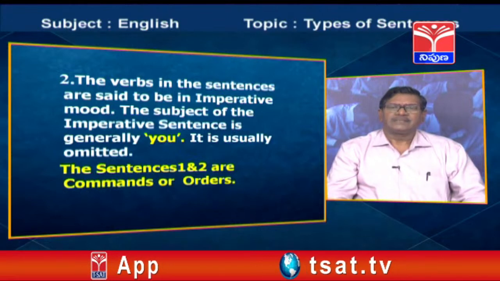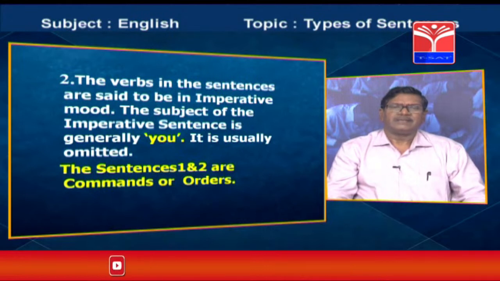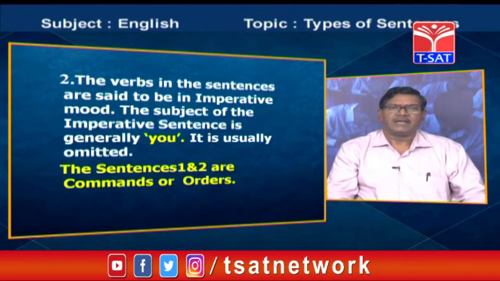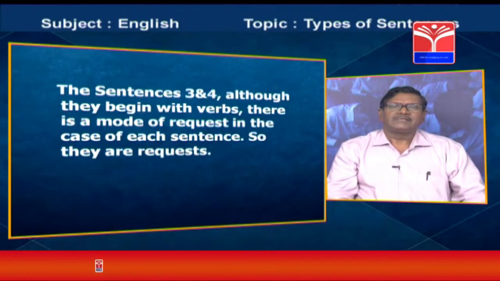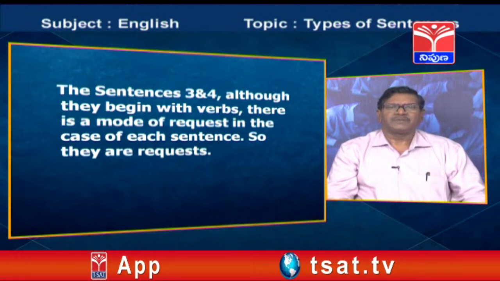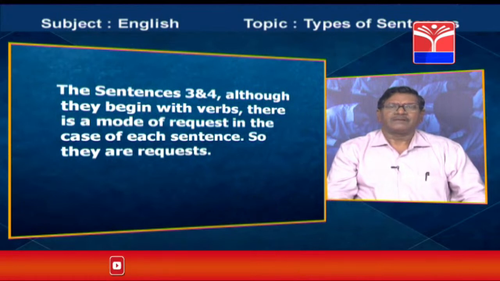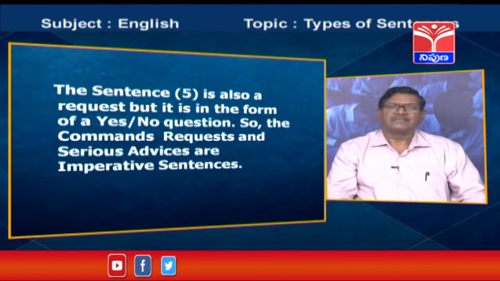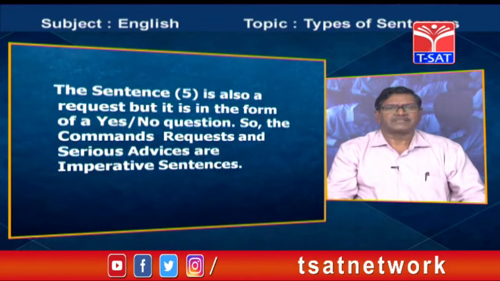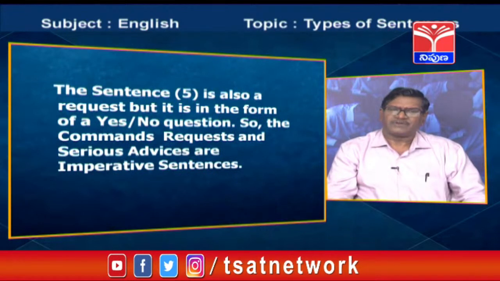In these commands or requests, we find that the subject is omitted and it is generally you. The sentences 3 and 4, although they begin with verbs, there is a mode of request, and so they are requests. The sentence 5 is also a request, but it is in the form of a yes/no question.